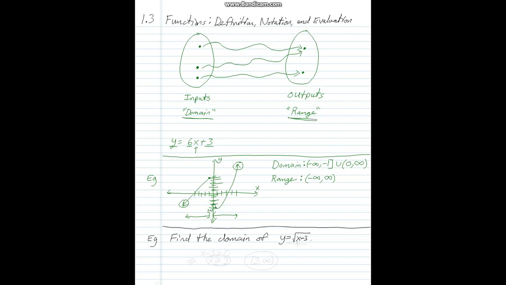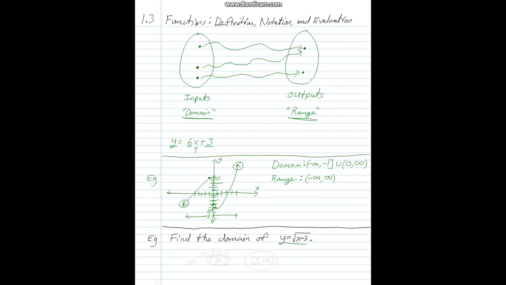Now, for now, we will just talk about the domain of symbolically represented functions. Here we see a function represented symbolically using a formula, and we would like to find its domain. Right now, we can assume that all real numbers are acceptable inputs.